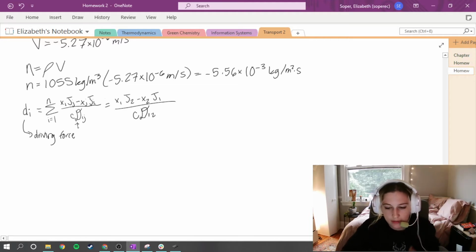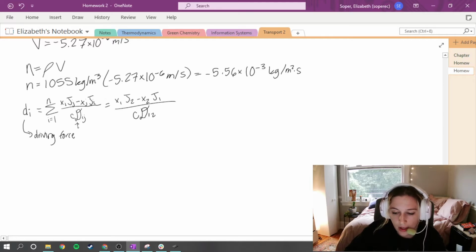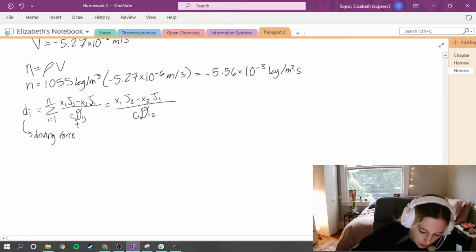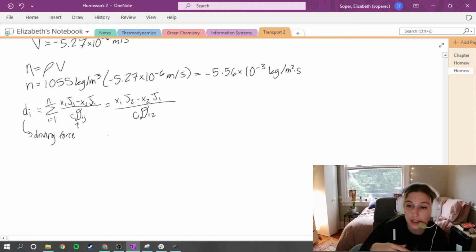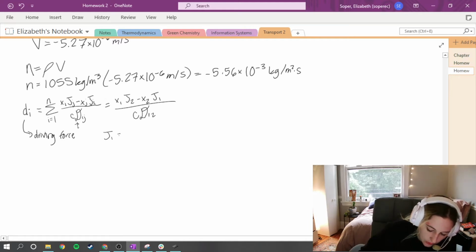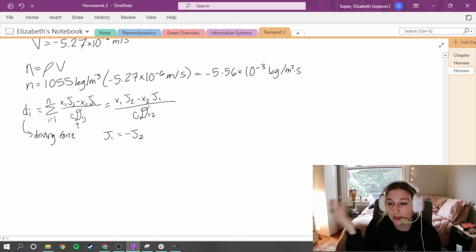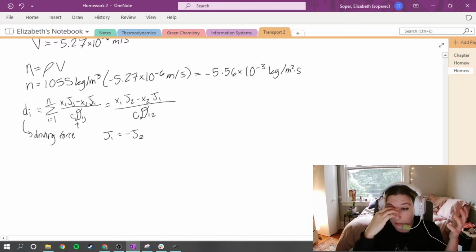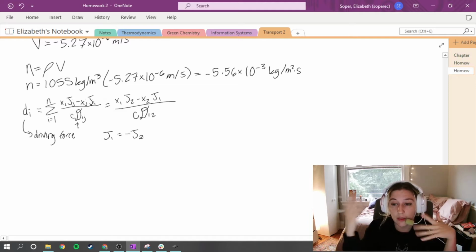So now that we have that expanded out, we can also simplify it down more by remembering from earlier that J1 equals negative J2. So basically, the molar diffusive flux of one of the components is equal to the negative of the molar diffusive flux of the other component.